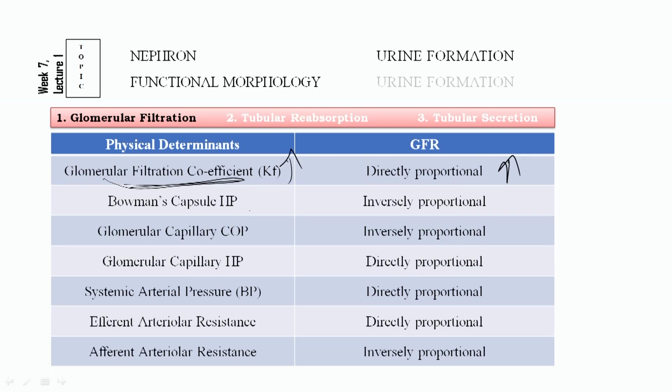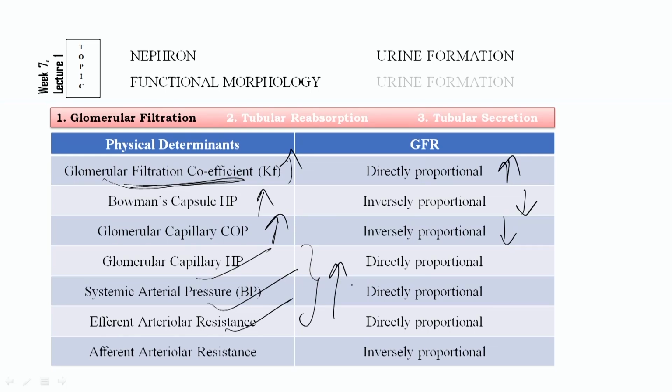Whereas Bowman's capsule hydrostatic pressure has an inversely proportional relationship. That means if it increases, then it decreases the GFR. Then glomerular capillary colloidal osmotic pressure increases, then again it decreases the GFR. Then the glomerular capillary hydrostatic pressure, systemic arterial blood pressure, and efferent arteriolar resistance, these all three have a directly proportional relationship.